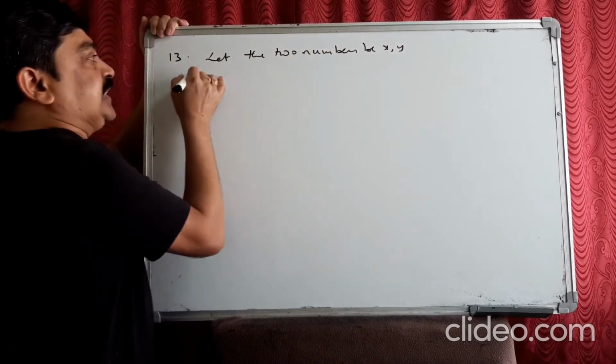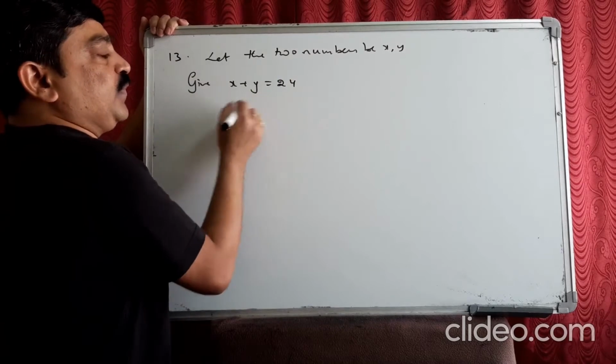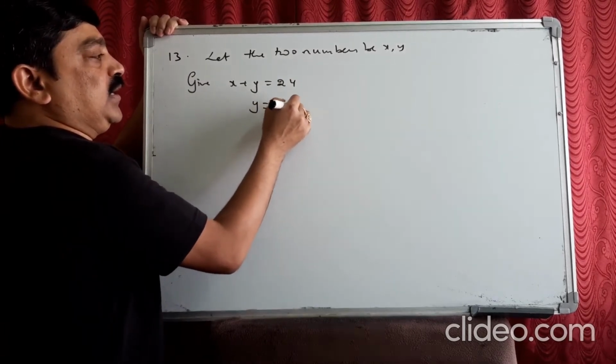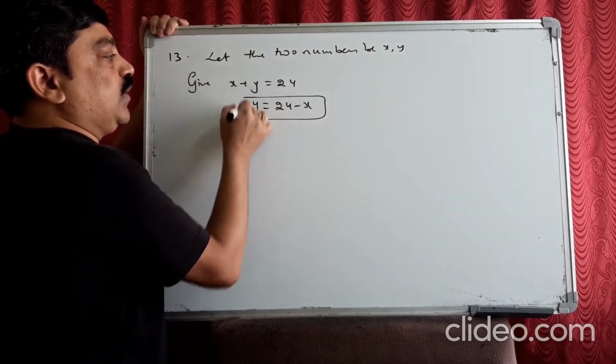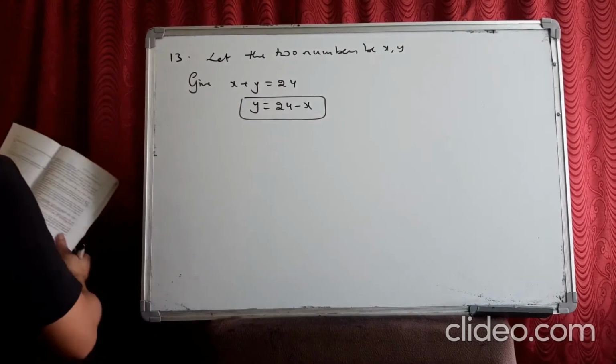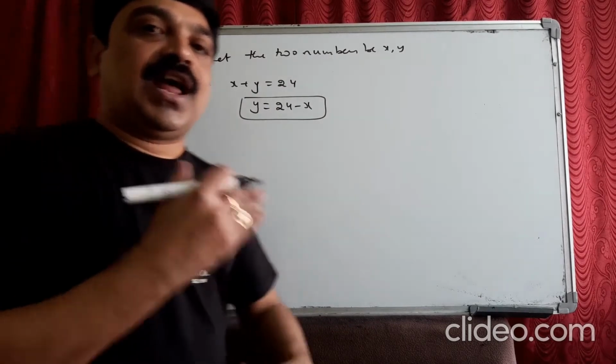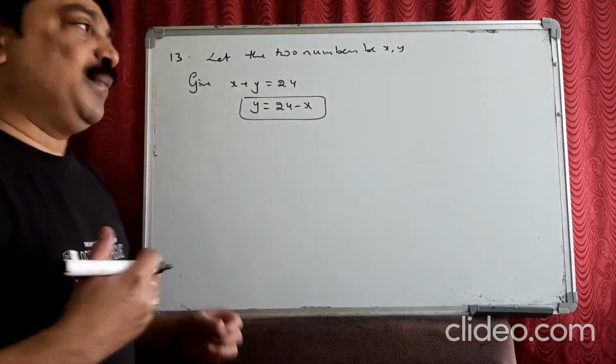x comma y. What is given? x plus y is 24, and we can take it as the other variable in the form of the first variable. And what did they say? Whose product is as large, meaning it should be maximum.